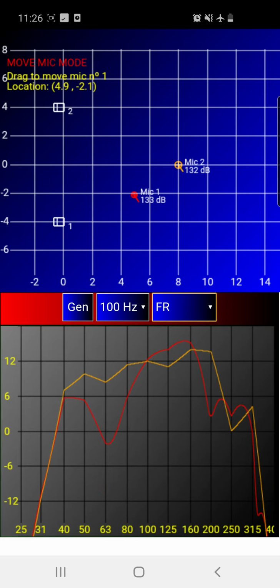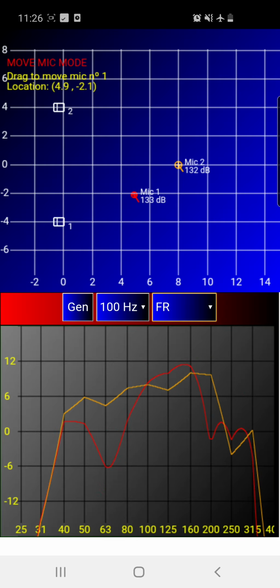That doesn't look very nice, right? And as I walk through the audience area, we will see that comb filtering bothering. Okay, it's interesting. This is what every one of us has listened to on an LR configuration.